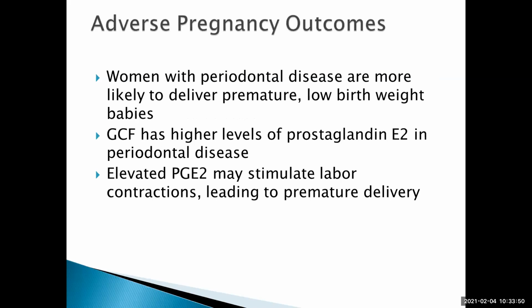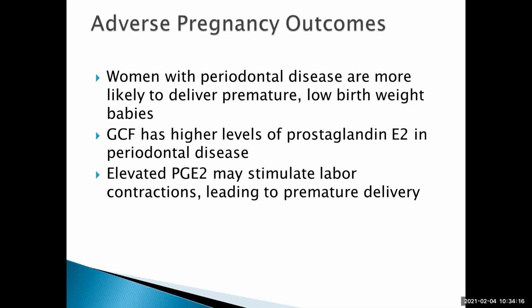Adverse pregnancy outcomes. This was one of the first things that was discovered, I believe, at the University of Virginia. Women with periodontal diseases are more likely to deliver premature low birth weight babies. As you know, the gingival crevicular fluids increase with inflammation. And in that, you have your prostaglandin E2.